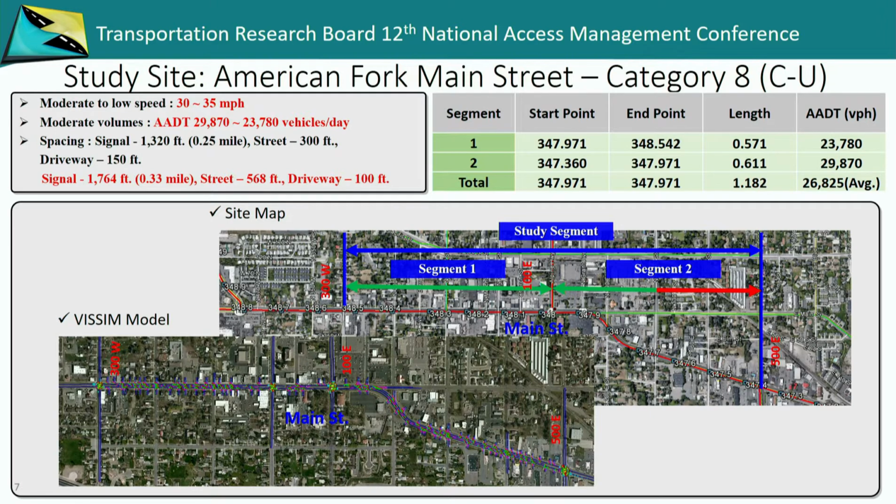We did not do an 85th percentile speed, though. We just went off posted speed. So this is a relatively low-speed environment for this type of road. I would postulate that maybe that threshold would go down if you were on a road with a higher speed. Correct. So the postulation is that this might be different on a higher speed roadway. This is a 30 to 35 mile an hour roadway.